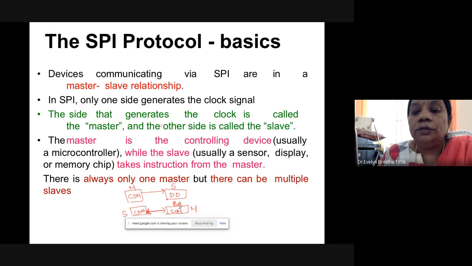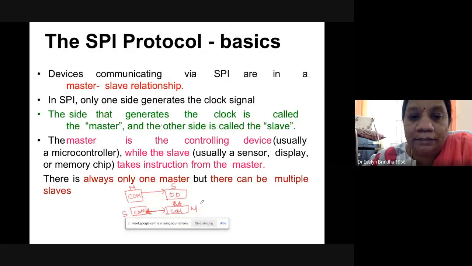Got it? Whichever device is generating the clock, that device is the master, and the other side is called the slave automatically.